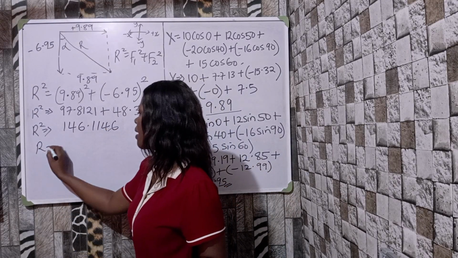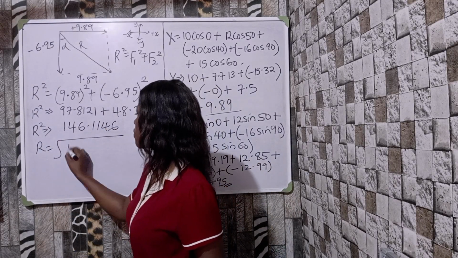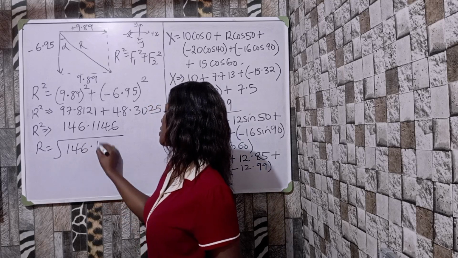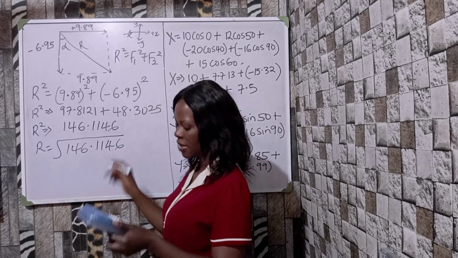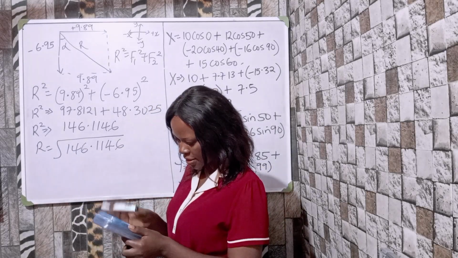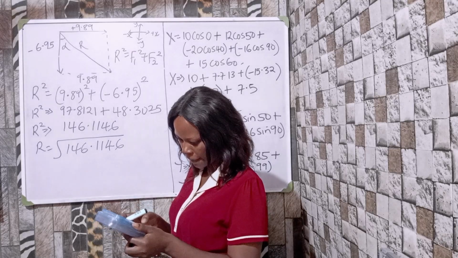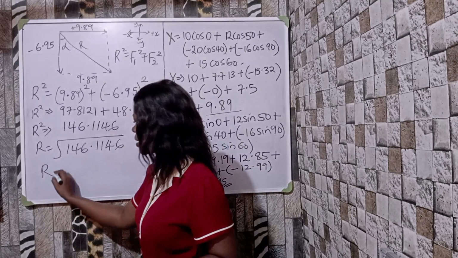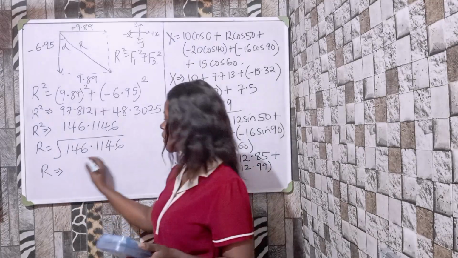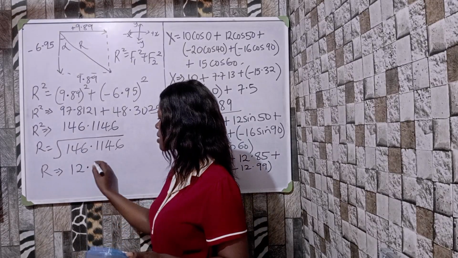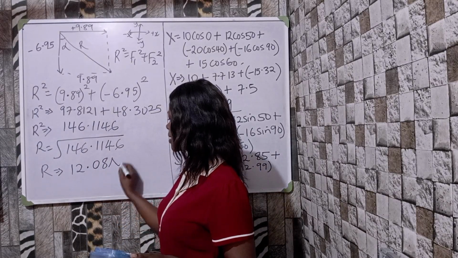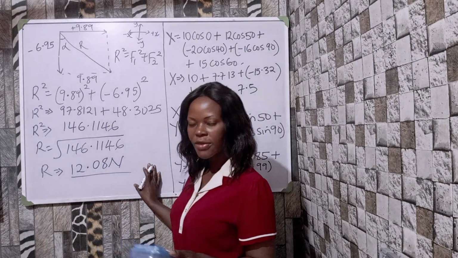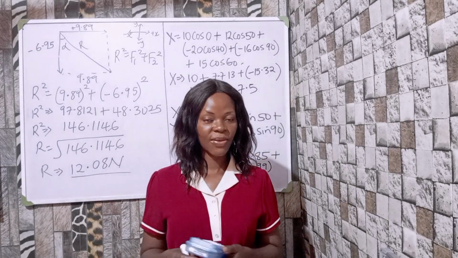To get my R, it will be root of 146.1146. So you simply press root answer. So my resultant vector for this question becomes 12.08 newtons.